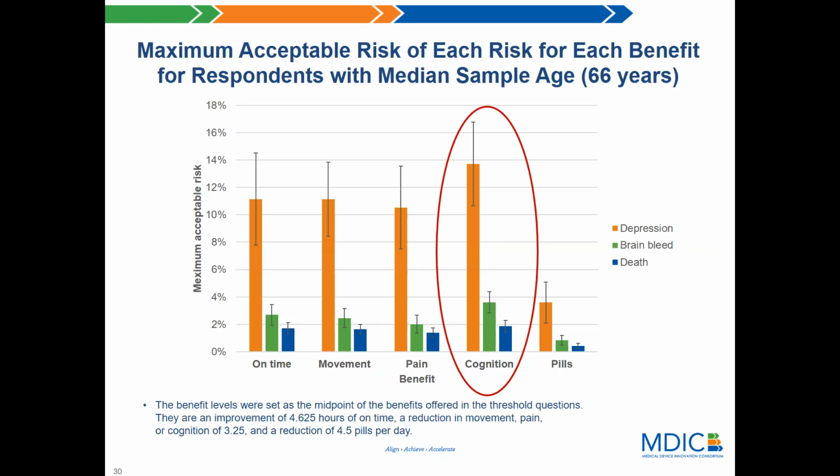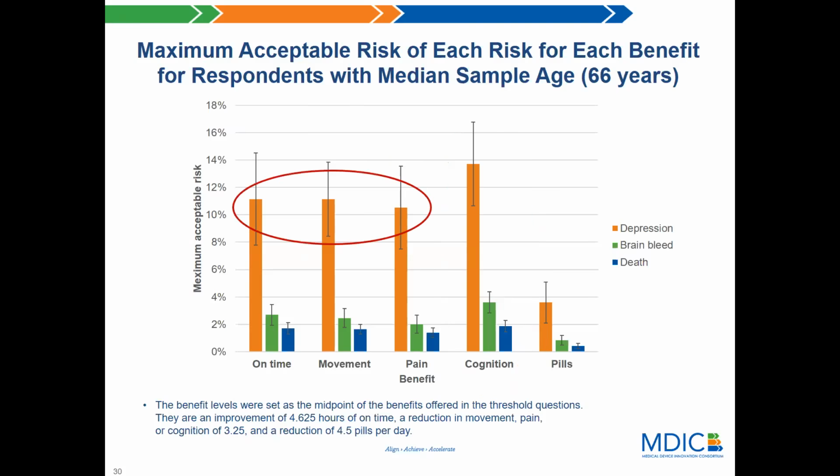So I was a little bit surprised to see this myself, and it's not statistically significantly different in most cases, but the mean is definitely larger here. And what that means is a 50% improvement in memory and thinking problems is more important to this group of patients, on average, than a 50% improvement in movement symptoms, on time, or pain.